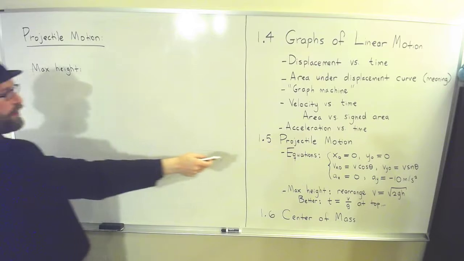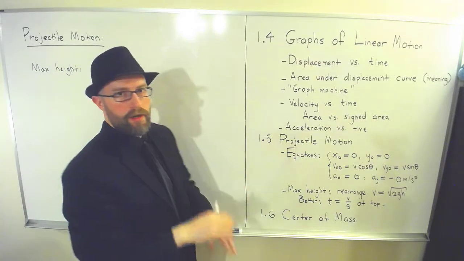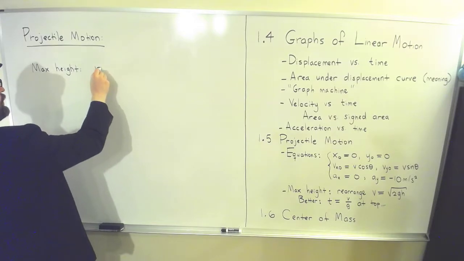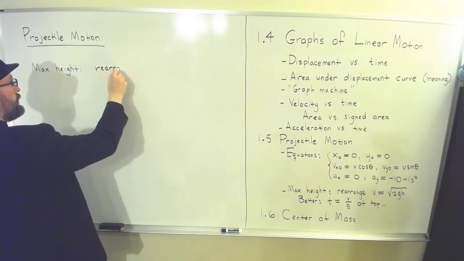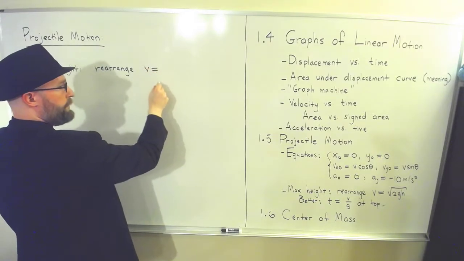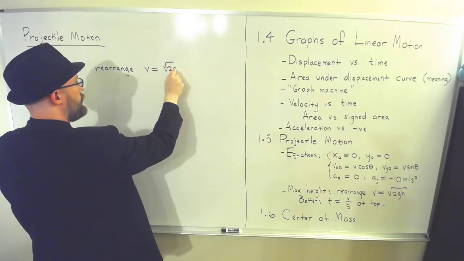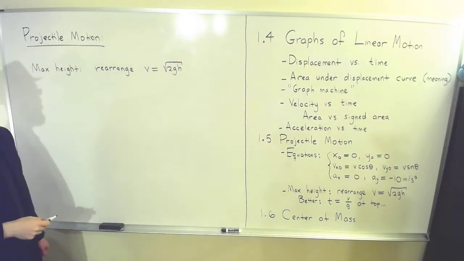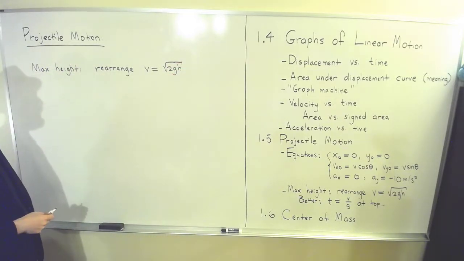Here they're calling the max height H. I would maybe call that Y or something, since we're measuring it in the Y direction. So rearrange this: V equals square root of 2GH. But you would have to remember that formula.